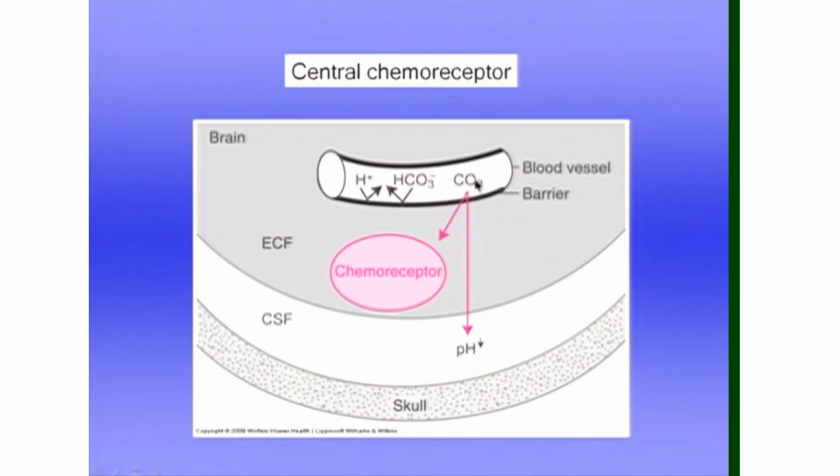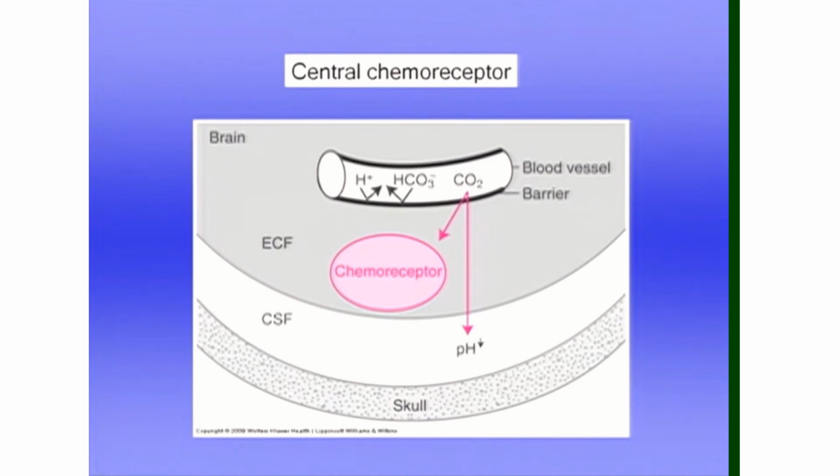On the other hand, molecular CO2 can easily diffuse out from the lumen of the blood vessel into the extracellular fluid and into the CSF, and an increase in PCO2, of course, will increase the hydrogen ion concentration and reduce the pH of the CSF. So the sequence is that if the PCO2 in the arterial blood increases, more CO2 diffuses out into the CSF, the pH is decreased, and this stimulates the chemoreceptor.